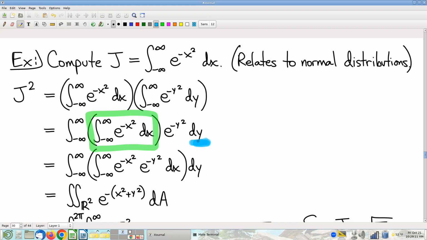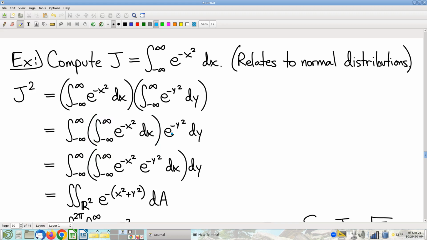Right? For the purposes of the dx inside integral, y is constant. That means e to the negative y squared is constant, and I can whip it inside of the x integral. It's a little bit of a weird move, but it works. Yeah? Again, this is one of these examples. Don't look for instincts of, what would have made me think of this on my own. No, this is too clever for that kind of thing. But what you're looking for here is to follow the individual steps. Okay.